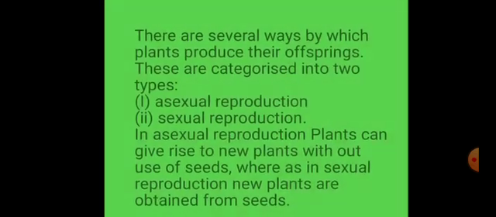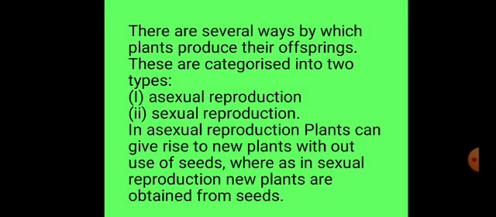There are several ways by which plants produce their offsprings. These are categorized into two types: asexual reproduction and sexual reproduction.